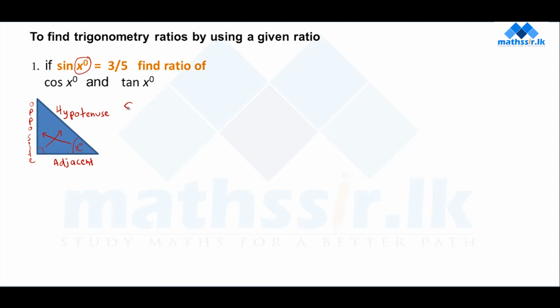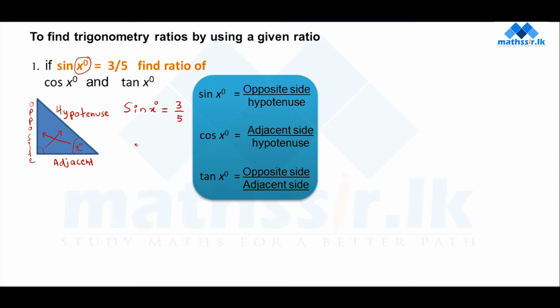Given data is sin x equals 3/5. Now you think about the definition of the sine. Did you remember we studied in the previous lesson? Sine ratio is opposite side over hypotenuse.